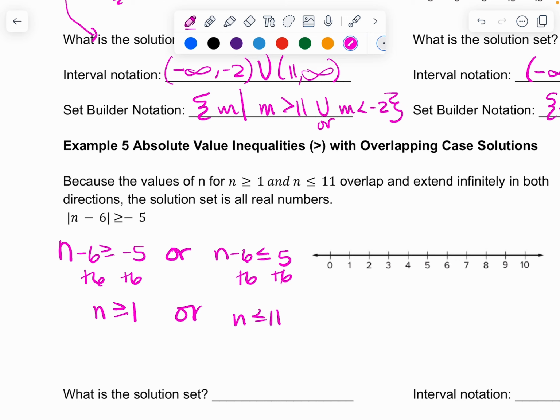So remember, this is an or statement. That means we're going to take into account everything. So if I come here and I go greater than, and I'm going to do it in a different color. Here's 11, and I come here and I go in this direction. Because that's an or statement, we take all of the answers. So it overlaps.